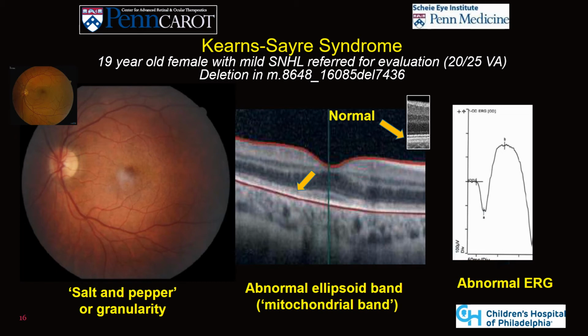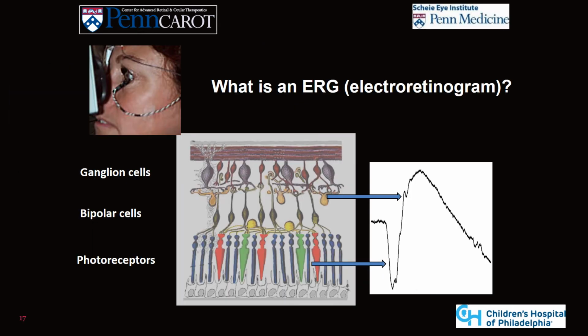And again, you can do electrophysiological recordings in these patients with something called the ERG and detect an abnormality. The electroretinogram is critical in some cases. When we think it's warranted, we want to know if the abnormalities are local or if they affect the entire retina, and you can objectively measure that.